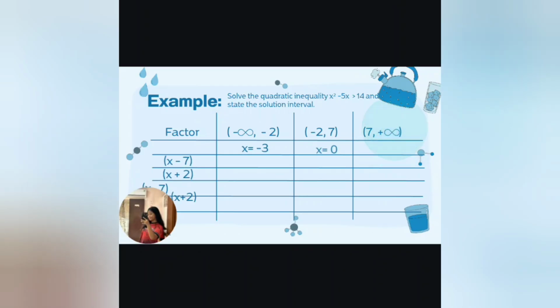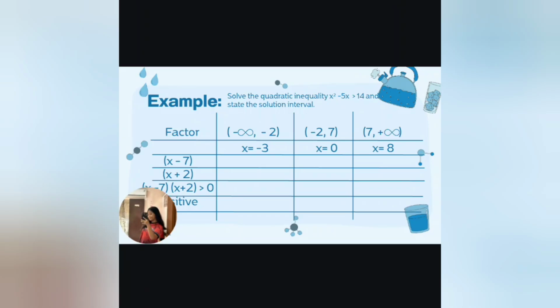So here we have our test values. As you can see in the factors, we have x minus 7 times x plus 2 is greater than 0. Since it is greater than 0, the answer should be positive.